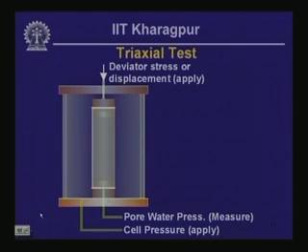Okay. Then the question comes, how do we derive the stress strain behavior of a soil or rock element, or a small piece of soil or rock. So, what we do typically is to conduct a triaxial test in order to find the stress strain behavior of soil or rock.